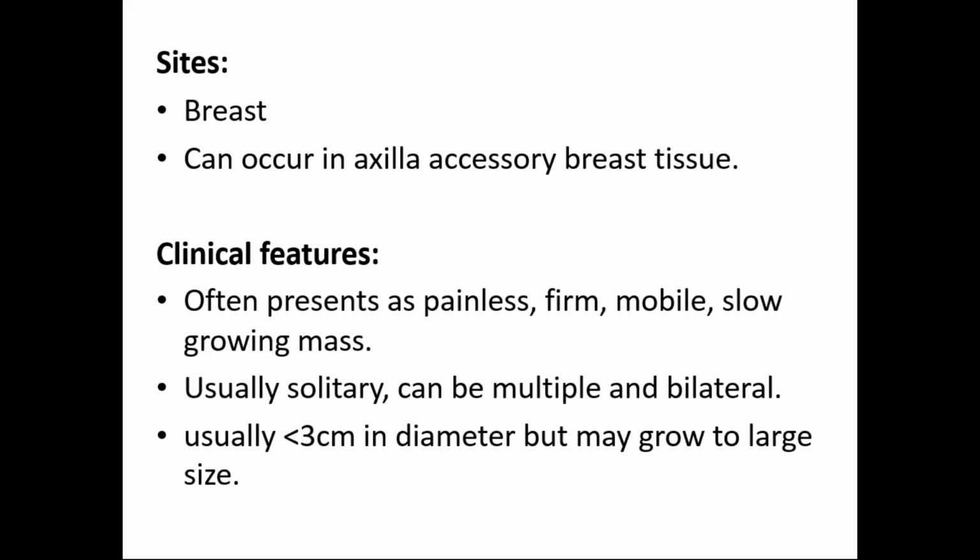Clinically they will have a painless, firm, freely mobile, slow growing mass, a solitary lesion or sometimes multiple and bilateral, and these are mostly less than 3 centimeters in size. Sometimes it can grow to more than 15 to 20 centimeters, then you can call it a giant fibroadenoma.